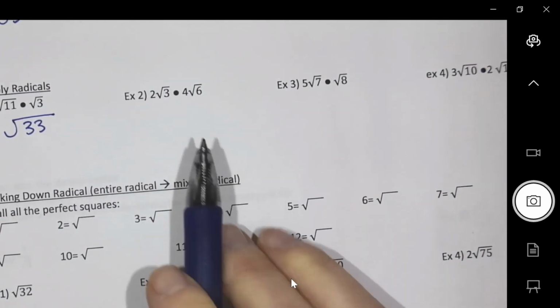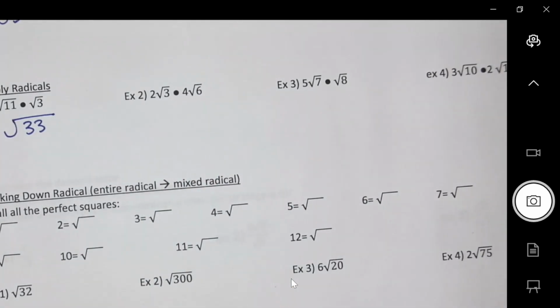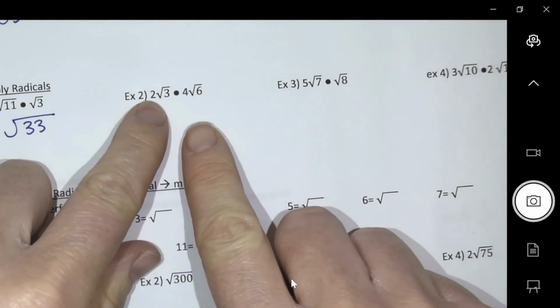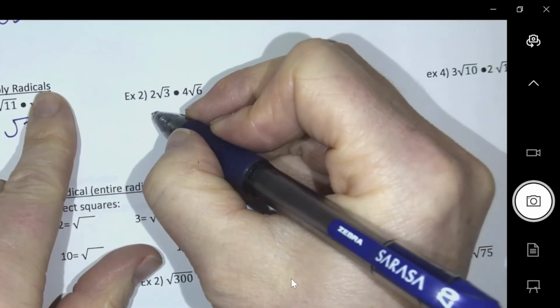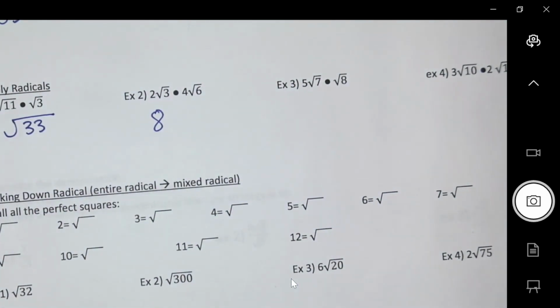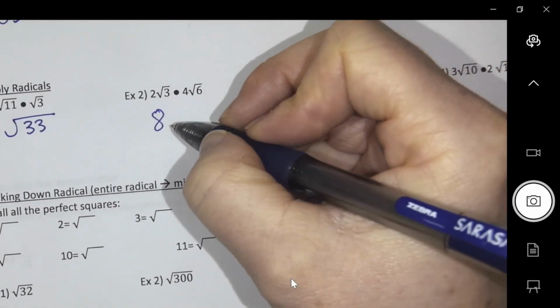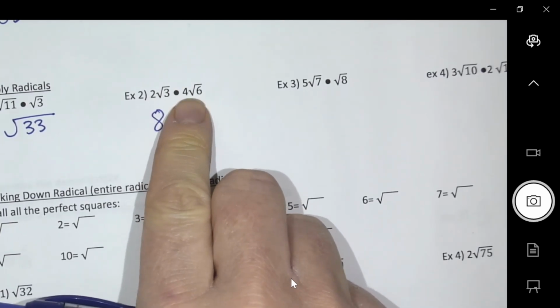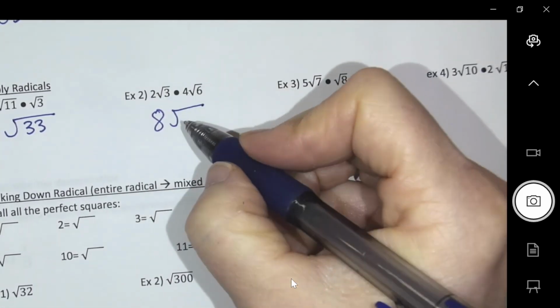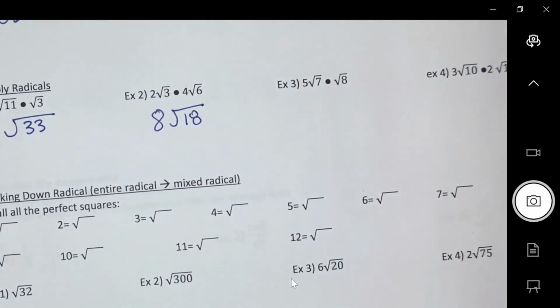Number 2, coefficient times the coefficient. So there's a 2 in the front and a 4 in the front, giving me an 8 in the front. That's the coefficient. Square root 3 times square root 6 makes square root of 18.